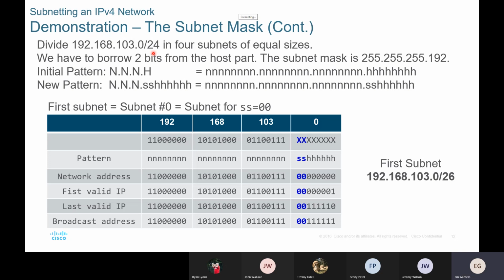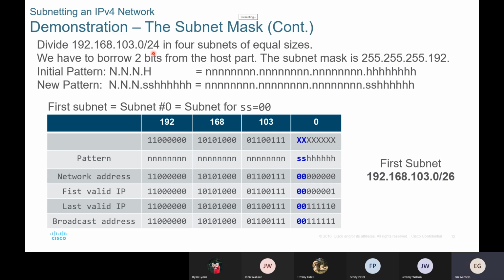Now, let's say that I want to create 4 subnetworks. What will be the size of each subnetwork? If you have initially 256 IP addresses, and you are going to divide it in 4 subnetworks. Exactly. Each subnetwork needs to have 64 IP addresses.